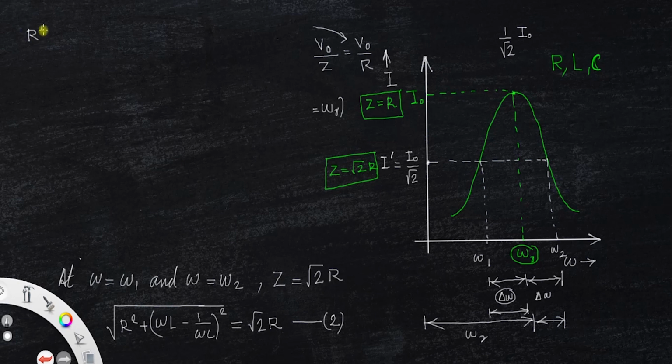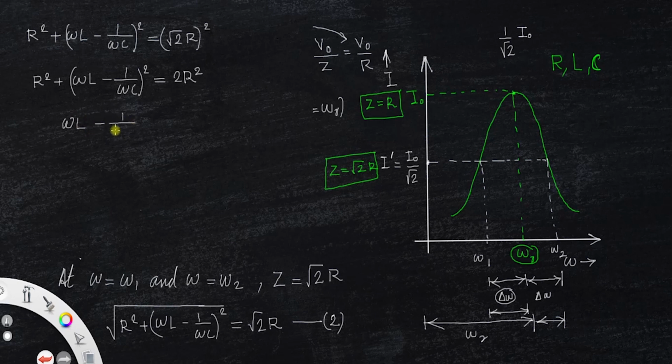So it will be R square plus (omega L minus 1 by omega C) whole square is equal to root 2R whole square, which is 2R square. Taking this R square to the right, you will get (omega L minus 1 by omega C) whole square equal to 2R square minus R square, which gives R square.